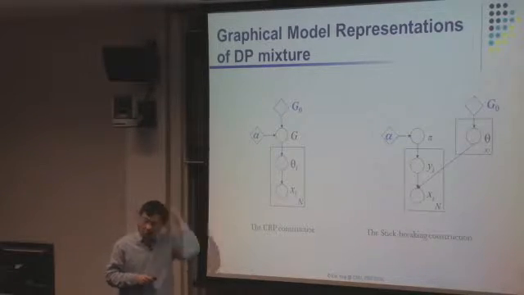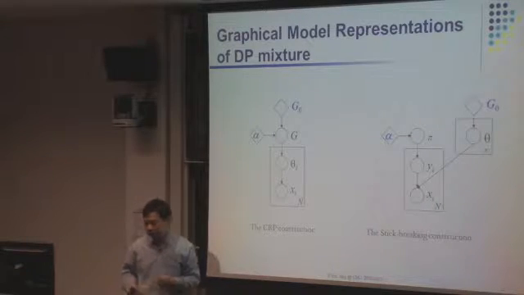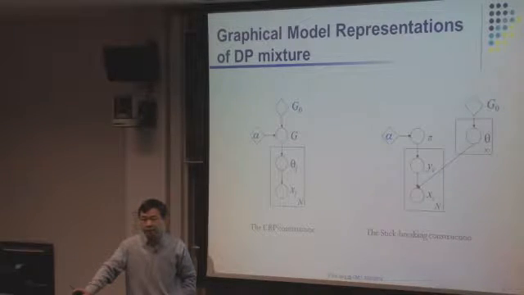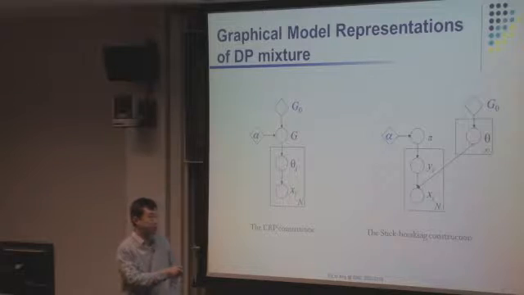So it's kind of a cool device which gives you a flexible way to deal with mixture models because it is infinite. So you don't have to deal with K. Of course, you have other things which somewhat reflect the K-ness, which is this alpha.